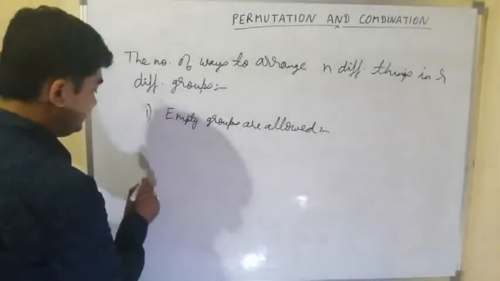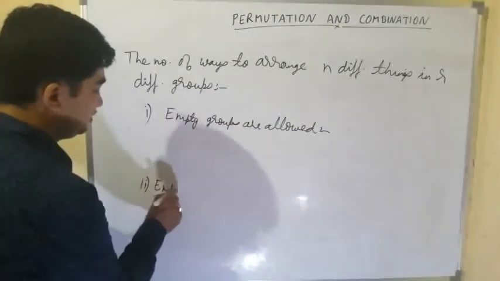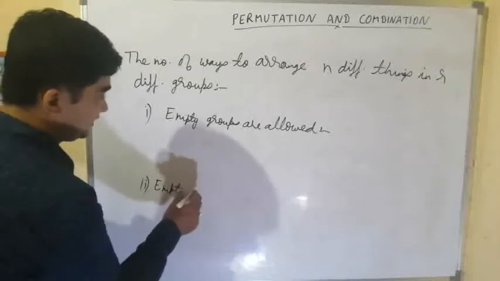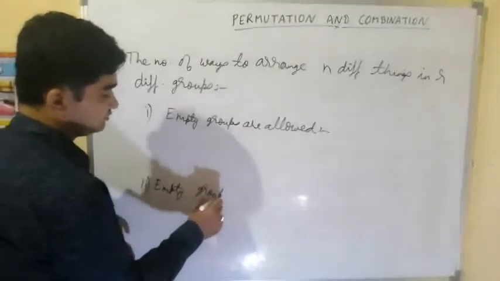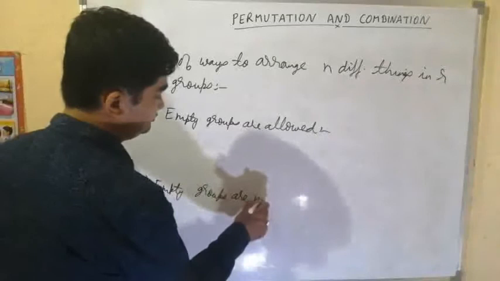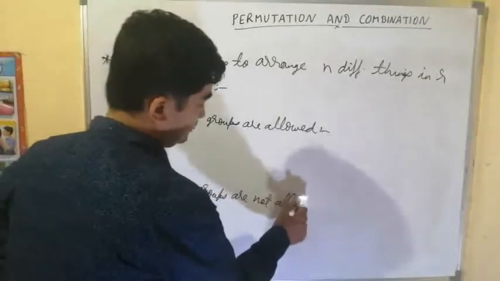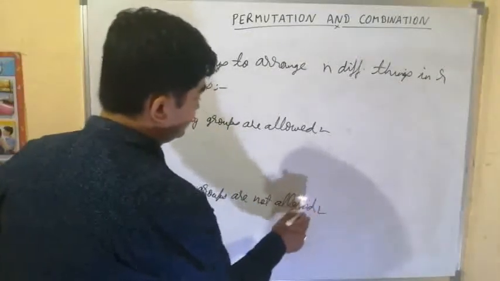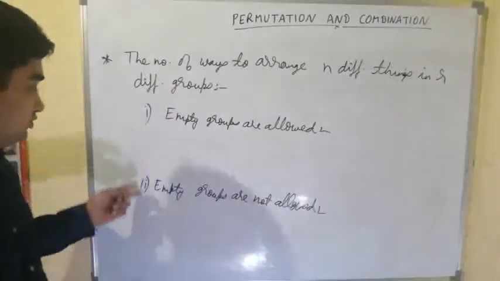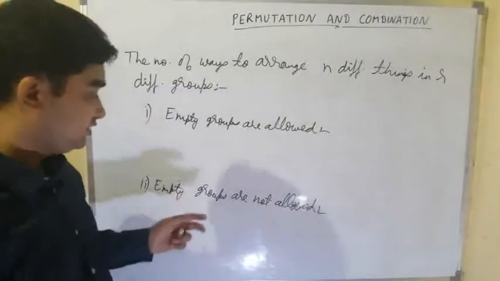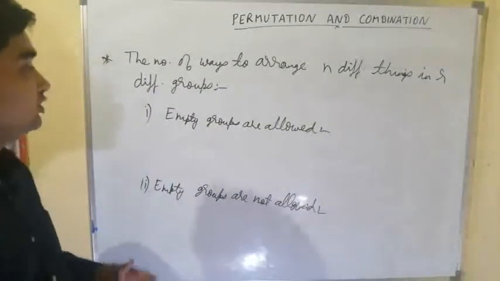Case 2 can be that empty groups are not allowed. Blank groups or empty groups are not allowed, right? First we'll see choice number 1, then we'll look at choice number 2.